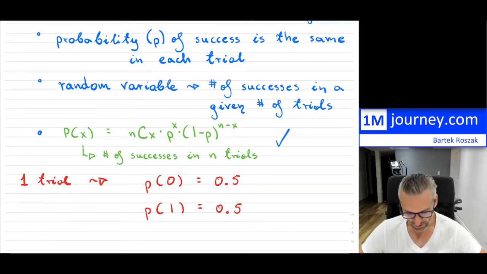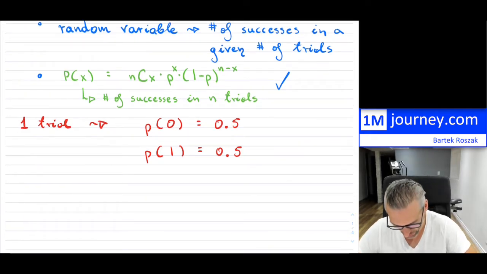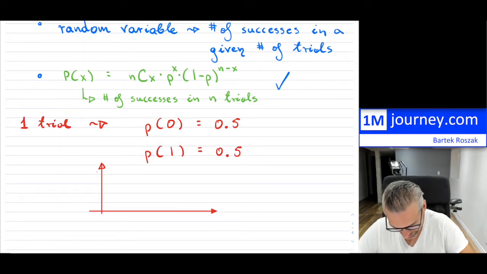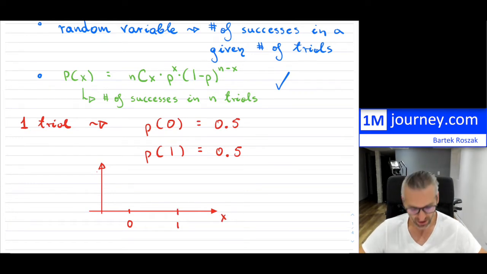So for our binomial distribution with just one trial, if we were trying to model this, I'll put the 0 in here, so this is 0 successes and 1 success. This would have been our X, so that's our random variable.